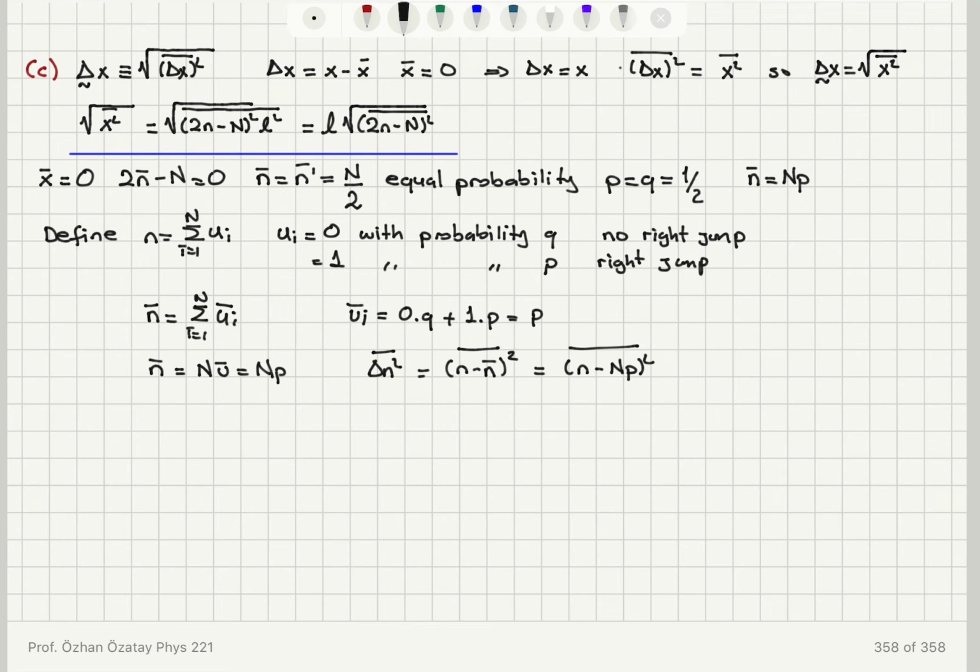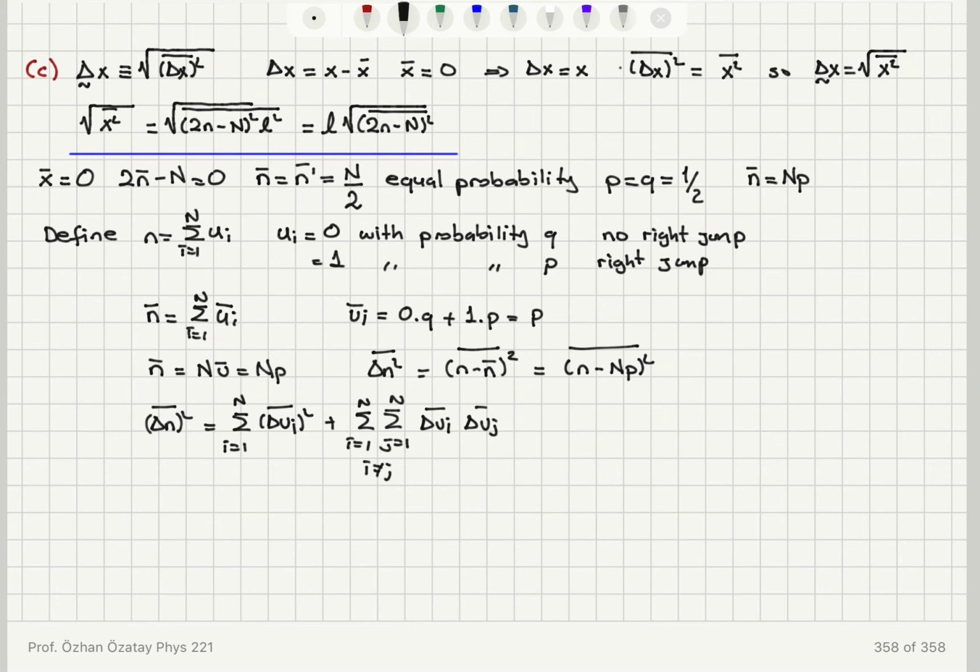And this can be calculated by writing basically delta n square bar is equal to sum over i equals 1 to N of delta Ui square bar plus sum over i equals 1 to N, j equals 1 to N, i not equal to j, of delta Ui delta Uj bar.